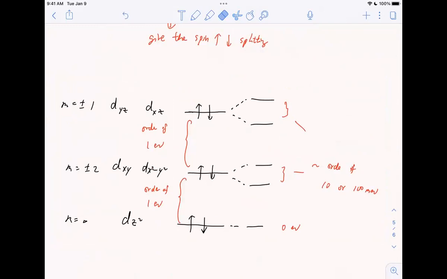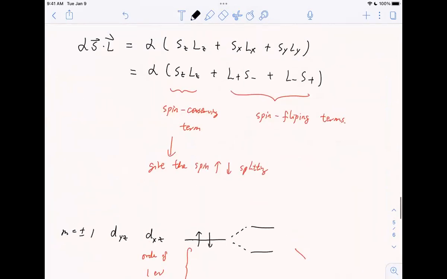So here, before, when you don't have any spin-orbit coupling, the spin will not give you any energy. So spin up or down, it doesn't matter. They're all included. But once you include the spin-orbit coupling, this term, Az Lz, will equal to what?